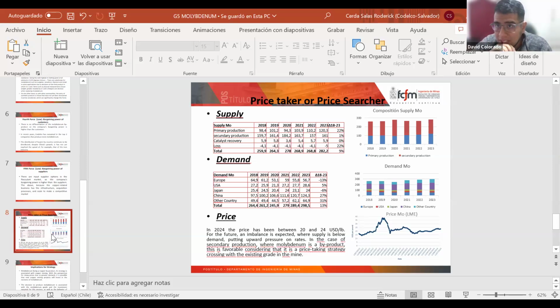Whereas in the current environment, the concentrate smelting and refining process permits the recovery of byproducts from copper production.